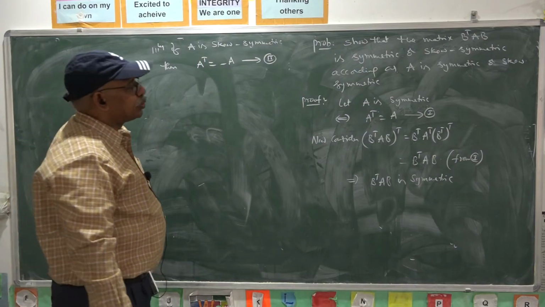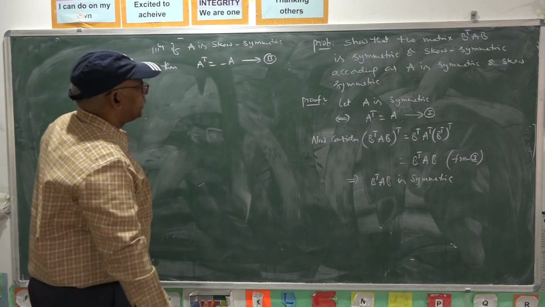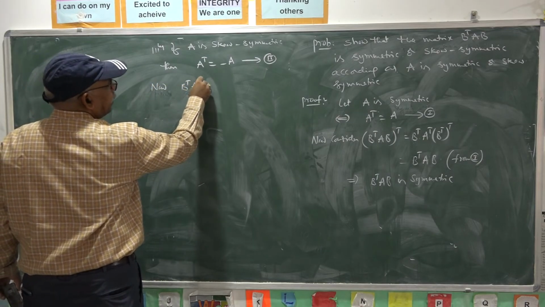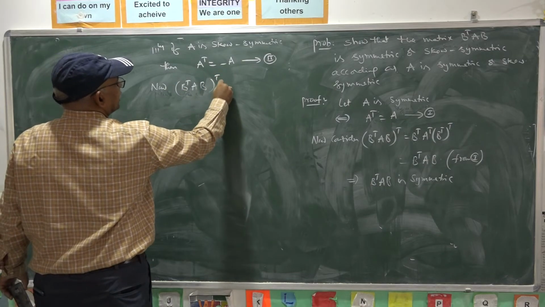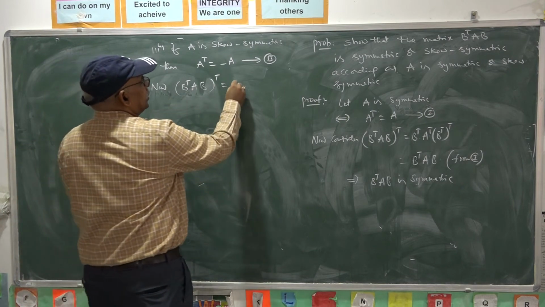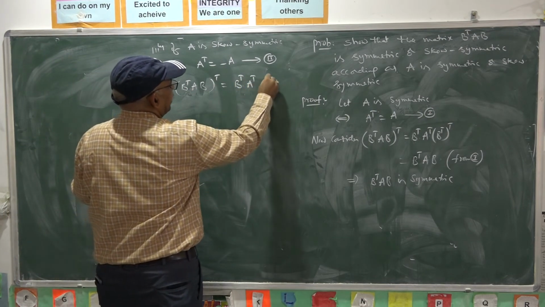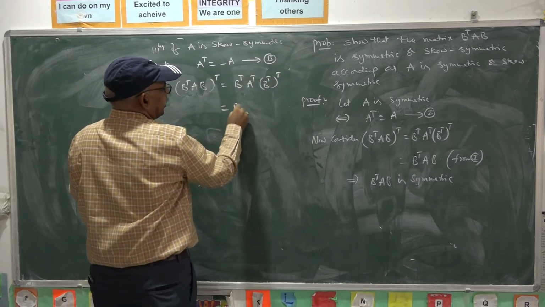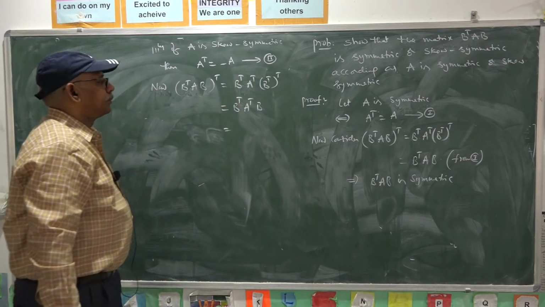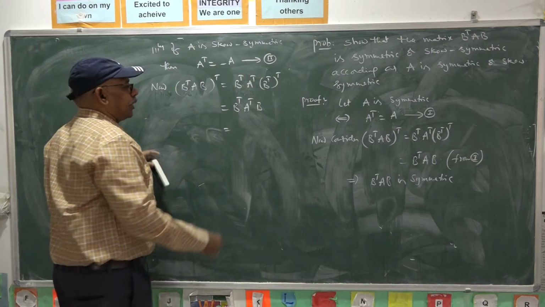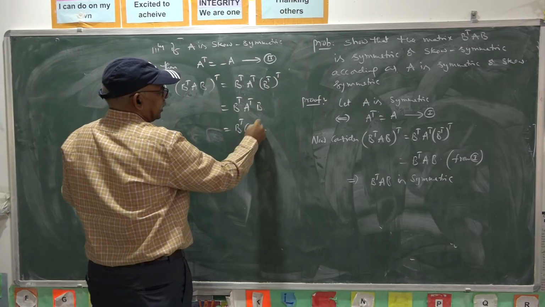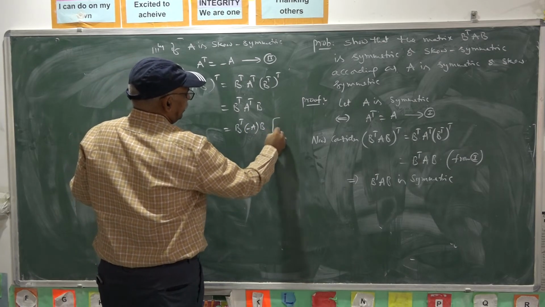In such case, B transpose AB whole transpose is B transpose A transpose B transpose whole transpose, which is B transpose A transpose B, because B transpose whole transpose is B. But A transpose is minus A from relation 2, since A is considered as skew symmetric. So this is minus A B.